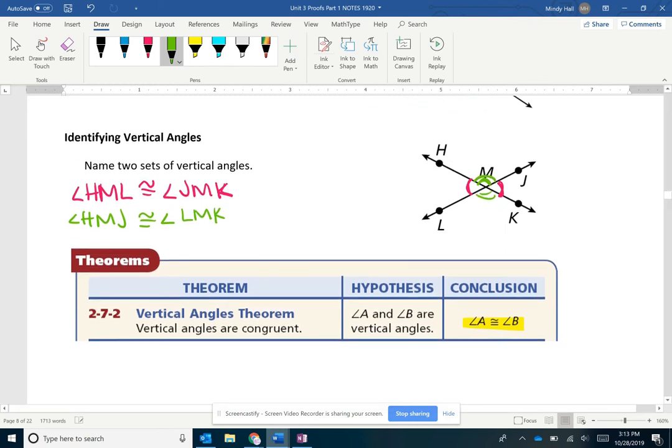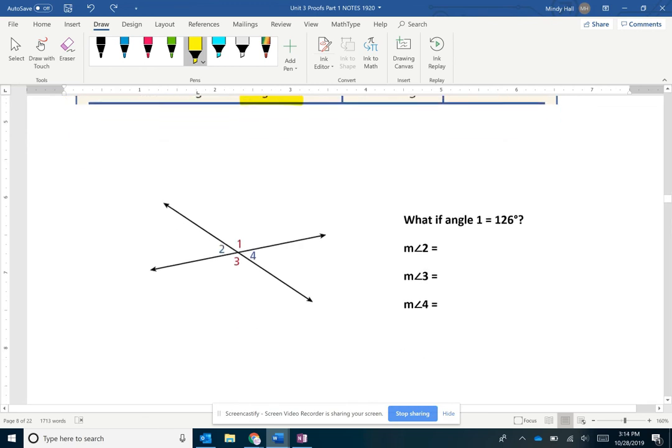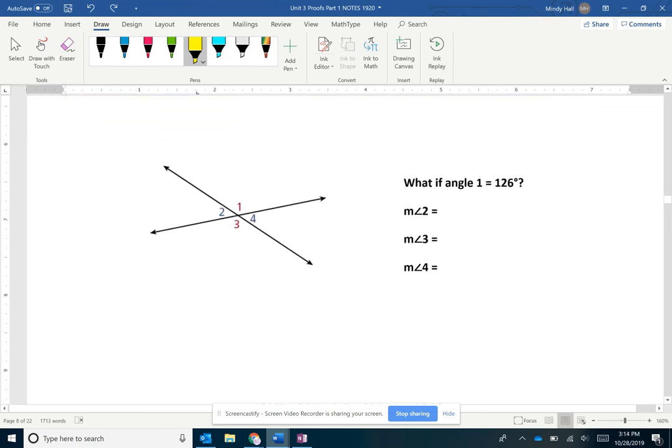With the vertical angles theorem, we do know that vertical angles are congruent to each other, so that is why I was able to write all of these statements up above, because all of these angles are going to be congruent, or at least the pink ones will be congruent to pink and green will be congruent to green. So if we want to find the rest of these measures, and we know that angle 1 is 126 degrees, we can figure out the rest pretty easily.